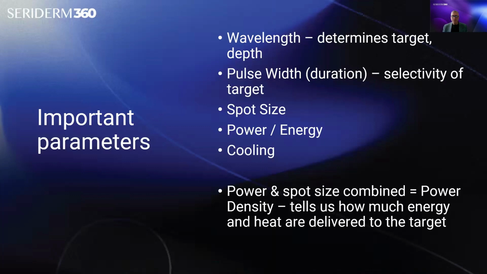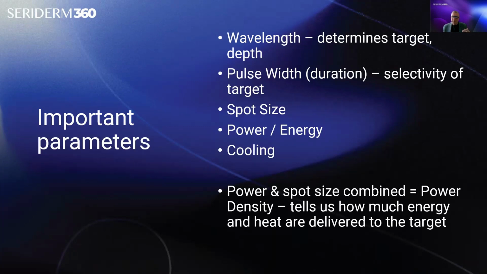So the important parameters, in order of importance: the wavelength determines the target, and if we're looking at color absorbing wavelengths, like we talked about in the last episode, it will determine the depth we're going to go to as well. Then we need to get the selectivity of the target, and we do that by pulse duration. Pulse duration is critical. We'll come on to it in a minute.